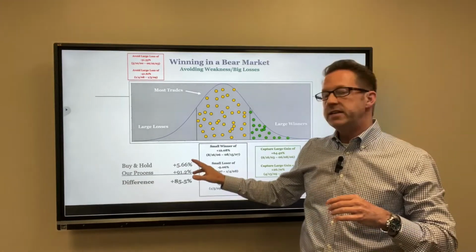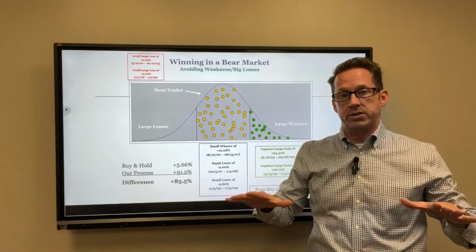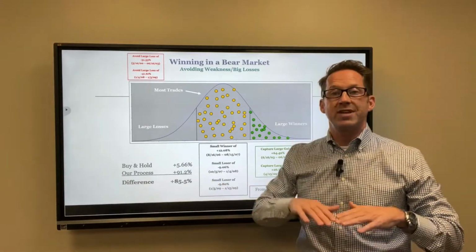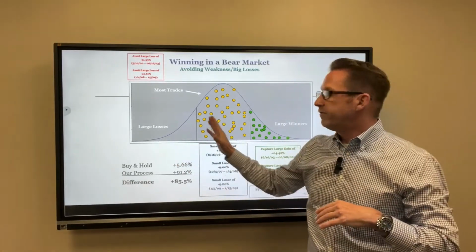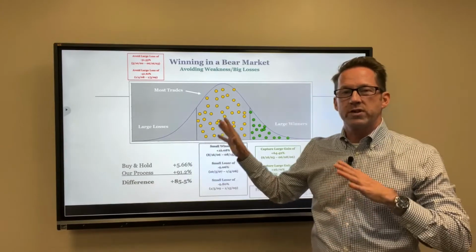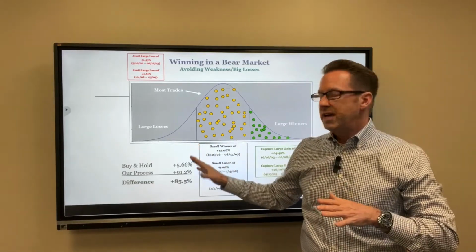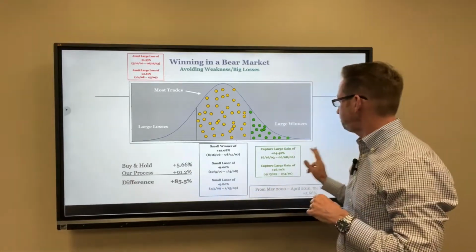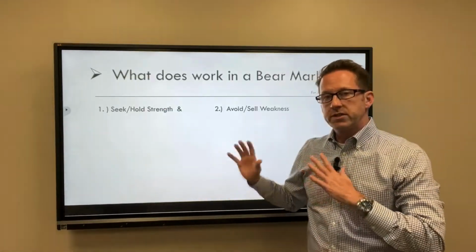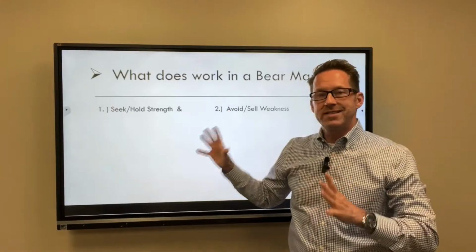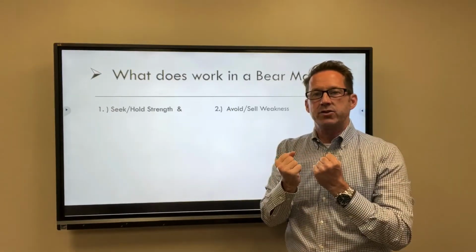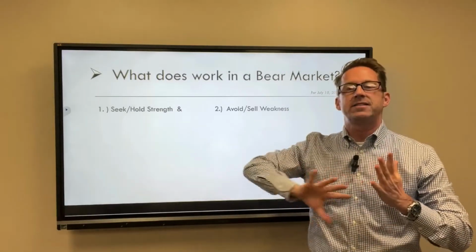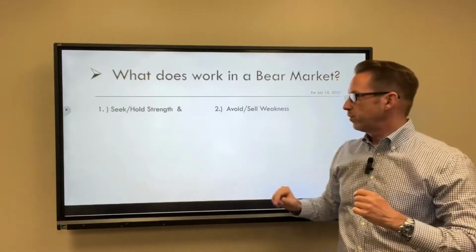So instead of a decade where I made no money, I almost doubled my money. Avoiding these large losses, or this weakness in your portfolio, is so important to the return of your portfolio. So let's recap again: I want to hold on to that strength, and I want to cut and sell those losses in my portfolio.